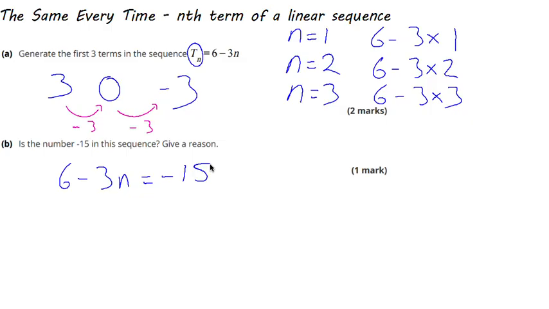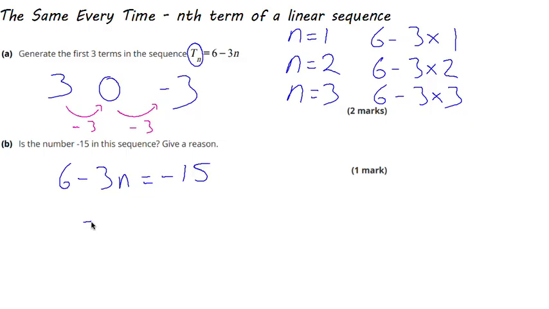Remember that n has to be a whole number starting at 1, so n could be 1, 2, 3, 4, and so on. So if there is a solution to this equation, with n a non-zero positive whole number, then negative 15 will be in that sequence.